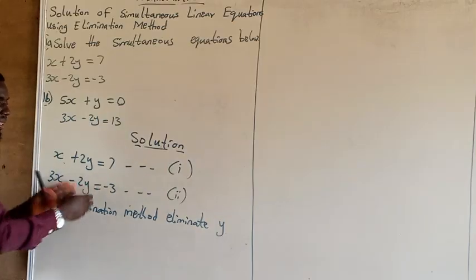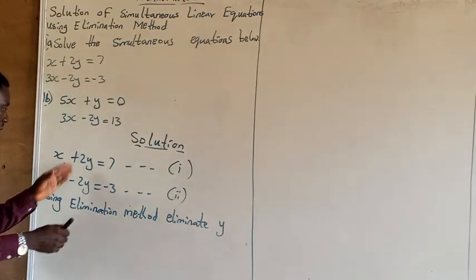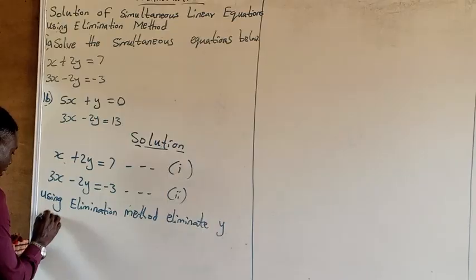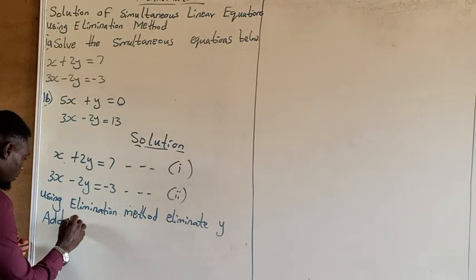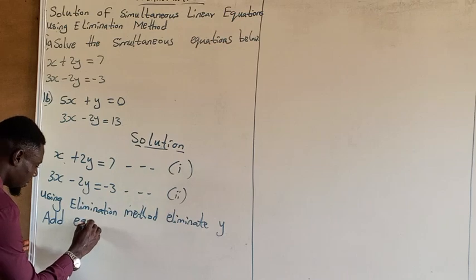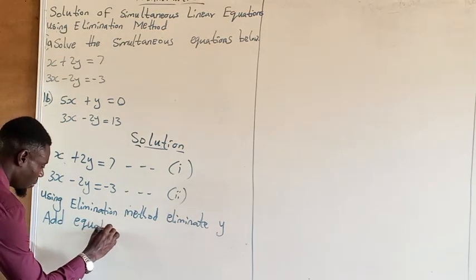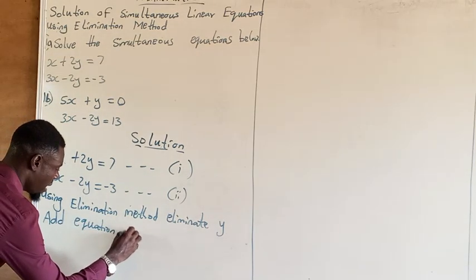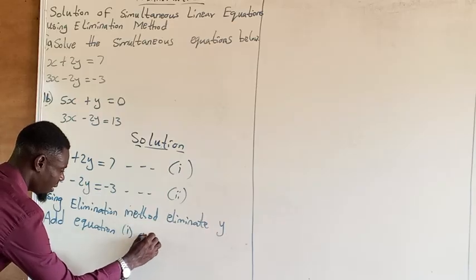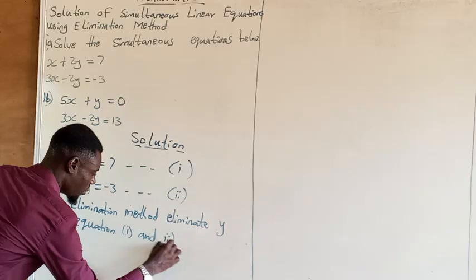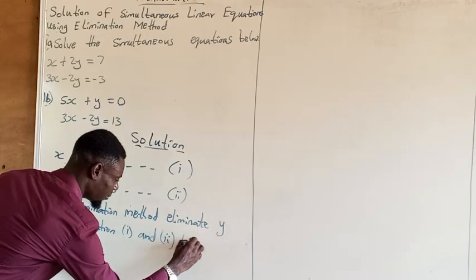You might say subtract this equation from this equation. But in this case, we have to add equation 1 and 2 together.